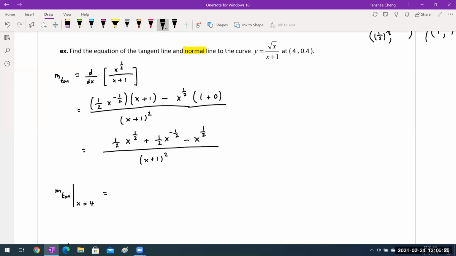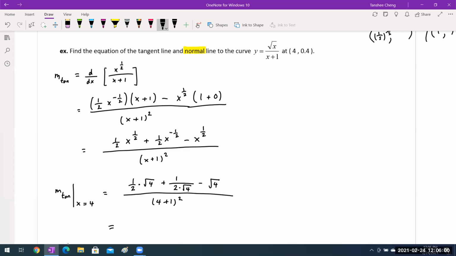That's basically telling us to substitute it in there, right? So when I substitute, this will be 1/2 times the square root of 4 plus 1 over 2 times, when I change this x to the negative 1/2 to the positive exponent, it goes to the denominator, so it will be the square root of 4, minus the square root of 4, and then 4 plus 1 to the second power.